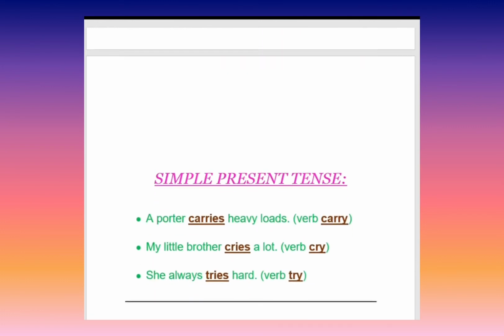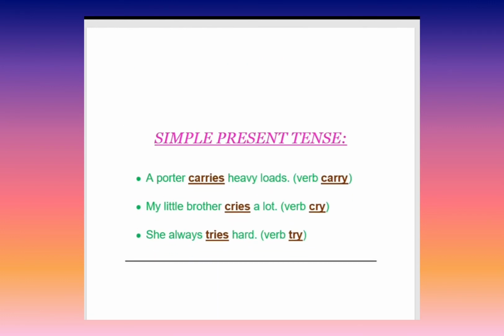Now for verbs ending with y, which I have already discussed before, but I am saying this in sentences. The verbs ending with y, we drop the y and add I and es when we use them with the pronouns he, she and it and singular nouns.